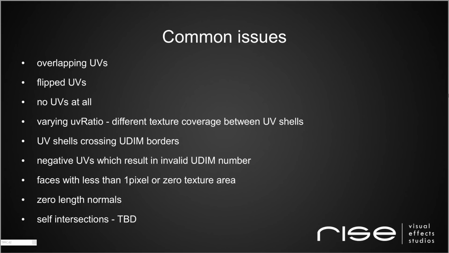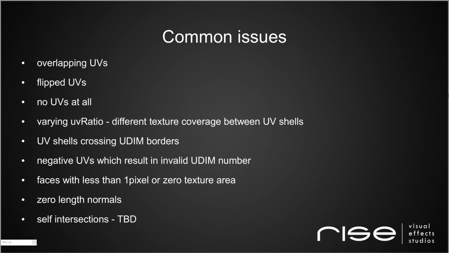So I built the SOP that checks for overlapping UVs, flipped UVs, and whether an object has no UVs at all, because if stuff comes out of the other program, most of the time it didn't have UVs. Then there's something called the UV ratio. If you have two different UV shells that have the same size in world space but differ in size in UV space, that's the UV ratio.